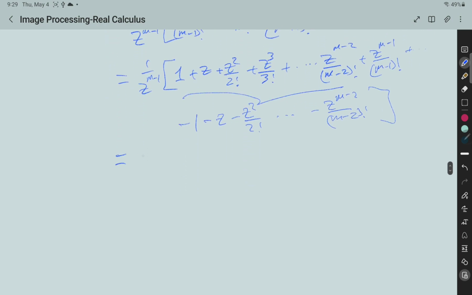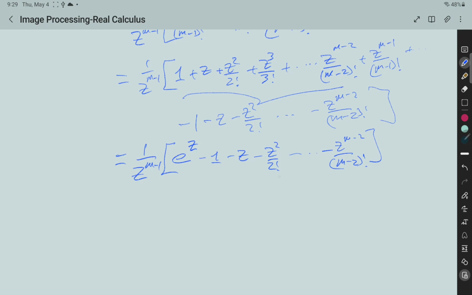All right, so rewrite this: 1 over z^(m-1). Okay, the top here is just an exponential function, e^z, and then I have minus 1, minus z, minus z squared over 2 factorial, all the way up to minus z^(m-2) divided by (m-2)!. Okay.